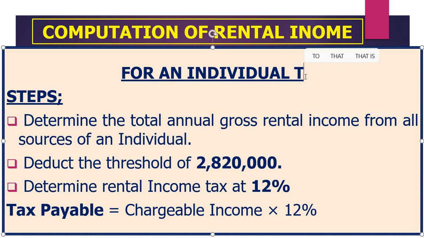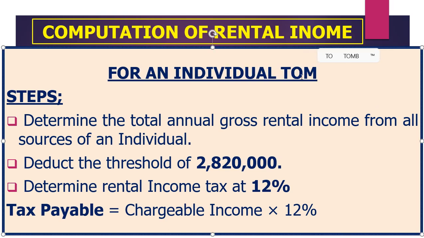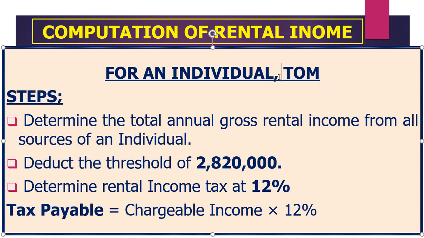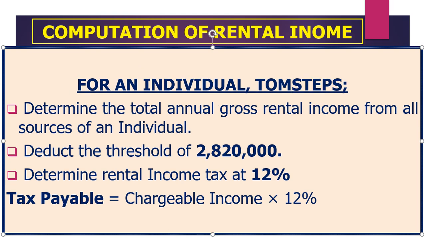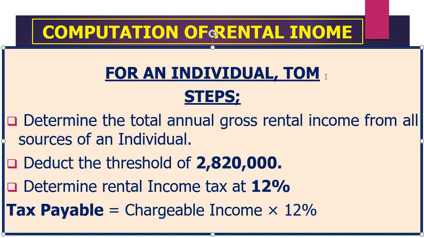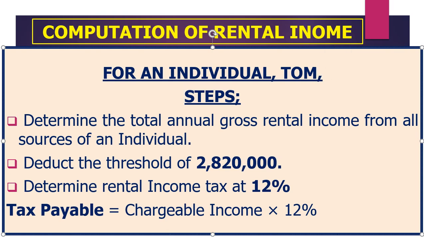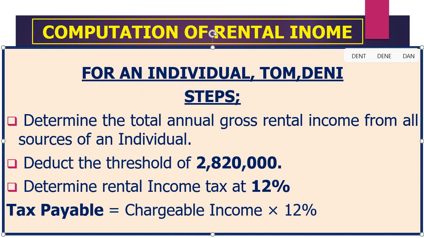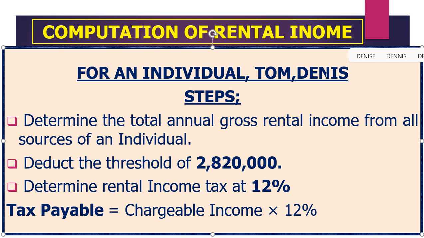In the name of Tom, an individual can be Dennis, Tom, an individual can be Joshua. That is an individual. First of all, you need to determine the annual gross rental income from all sources of an individual.